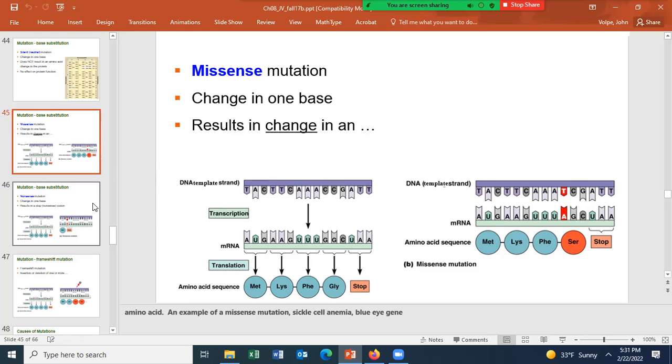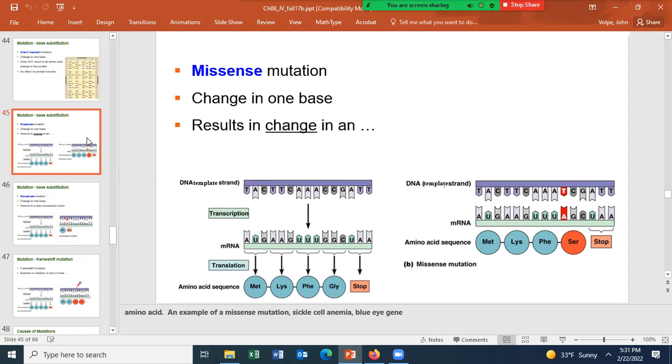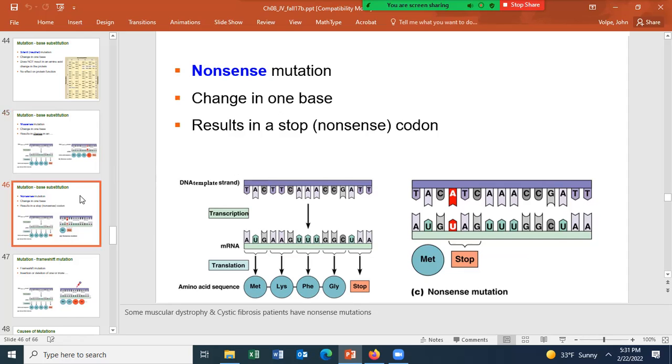Another mutation we need to talk about is a nonsense mutation. This is where you change one nucleotide base in the DNA, and it results in a stop codon in the codon of the messenger RNA. And that means that instead of the normal protein, you get a truncated protein.